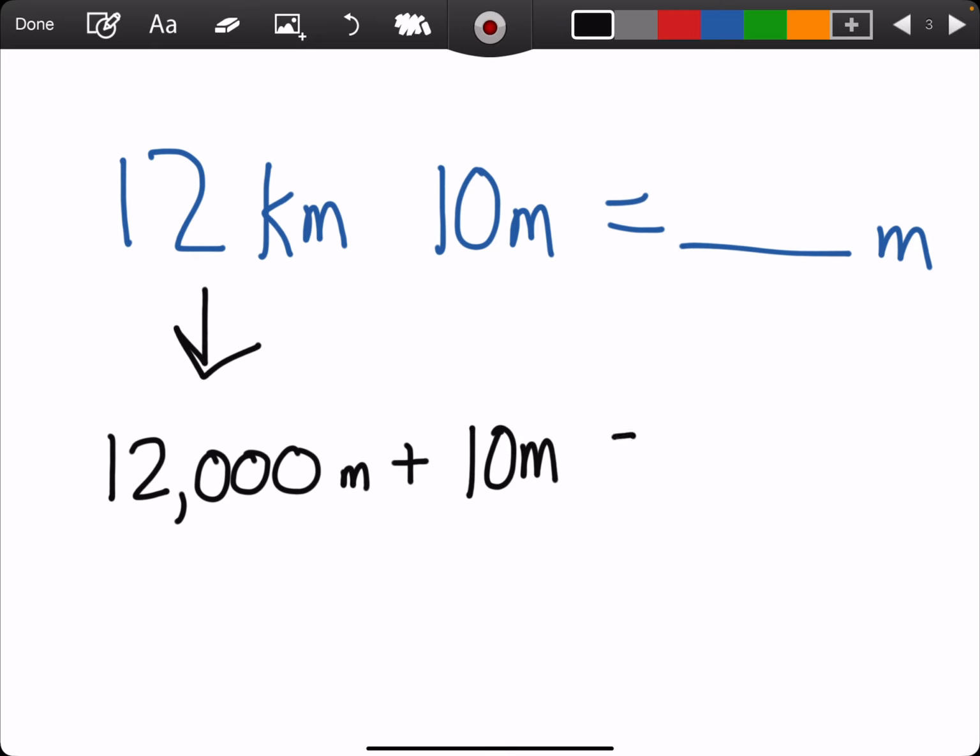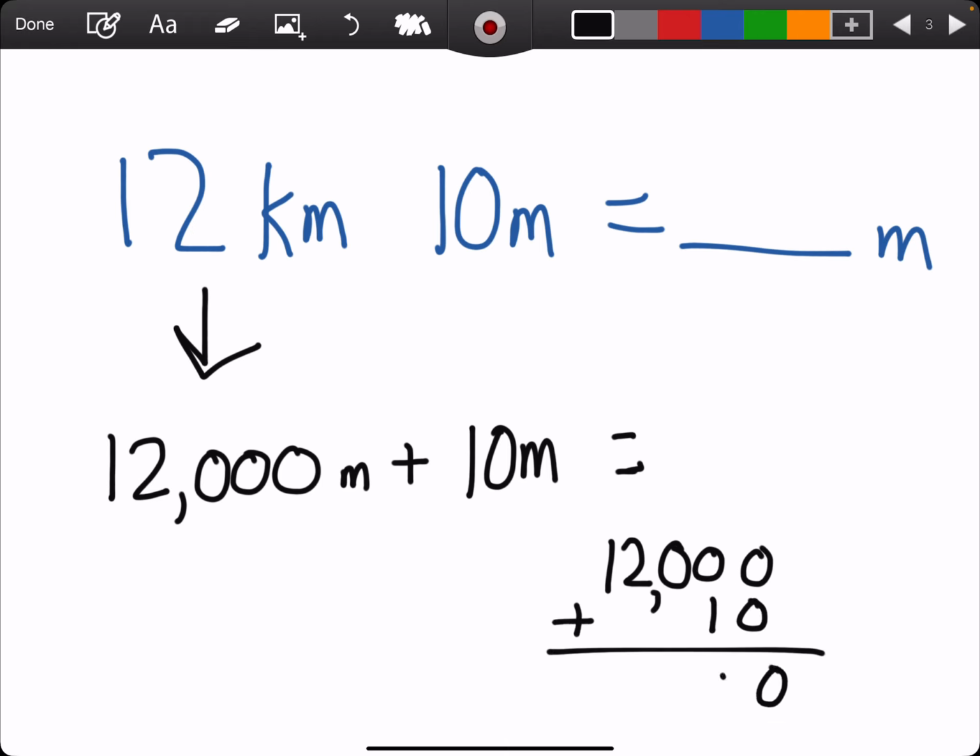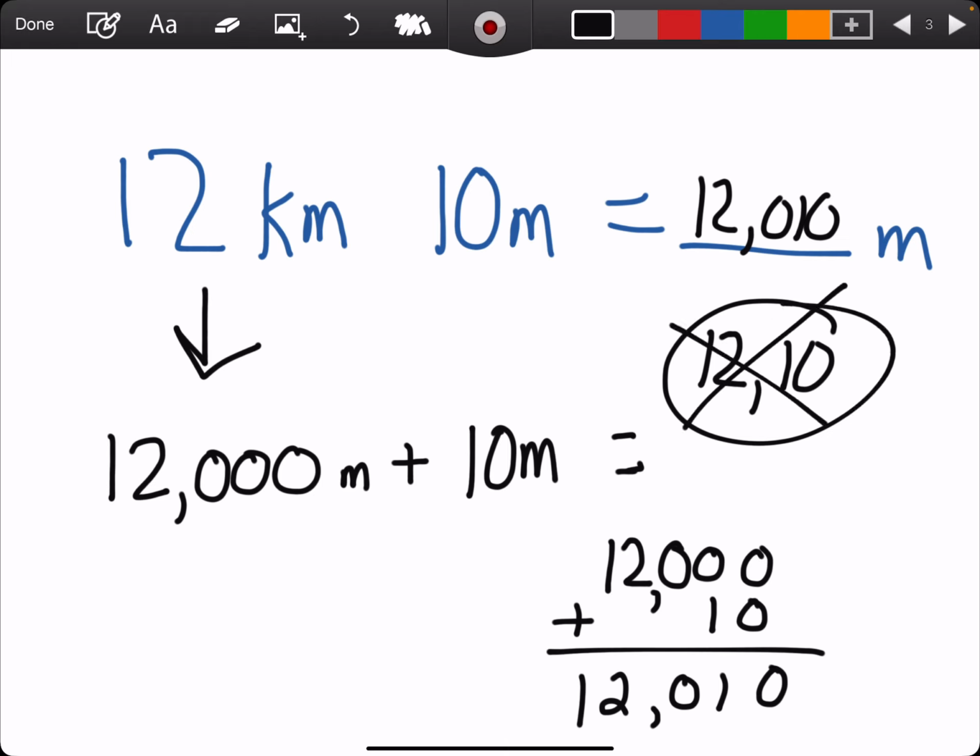Now this is where if you need your place value chart, you can use it and say 12,000, and then we just have 10. So the 10 lines up there, and we have 12,010. It is not 120,010. There's no number written that way. So you have to write it as if you're putting in all the correct place values.